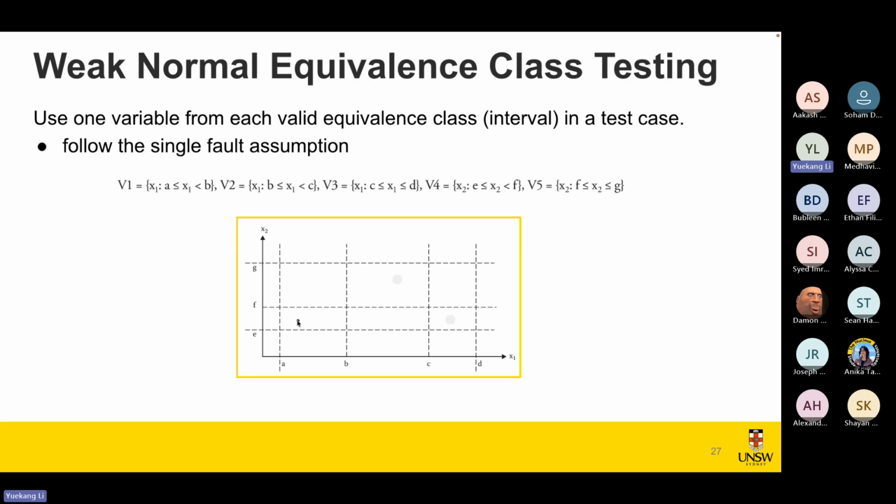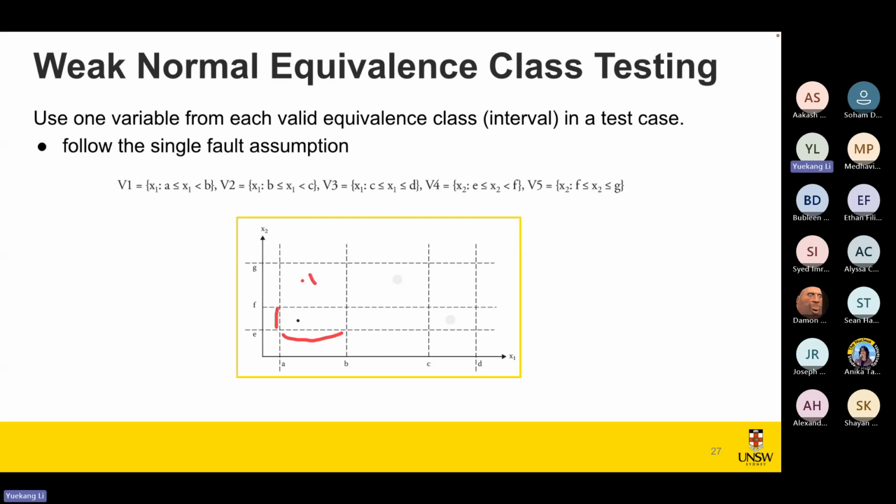The next one could be designed like this. Since x1 has taken A and B, x2 has taken E and F, for the next test case, shall we put it here?